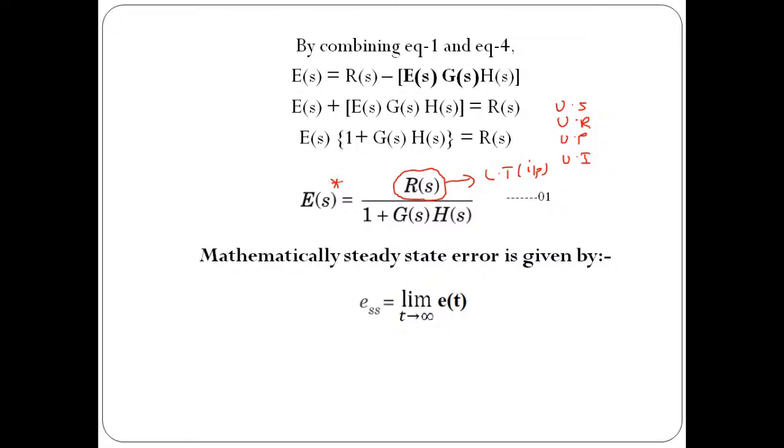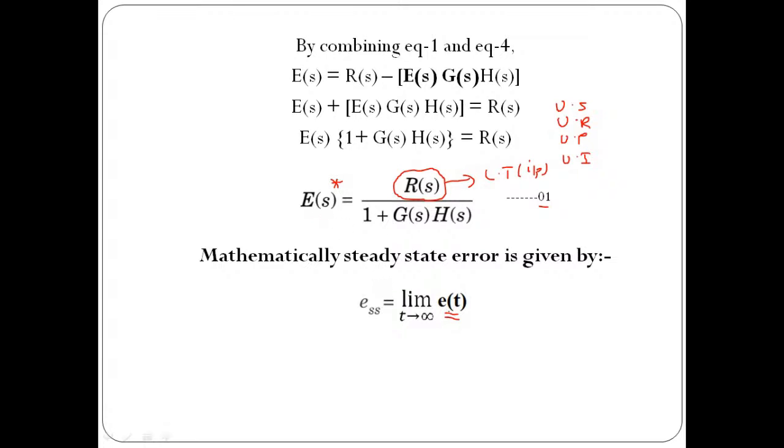Steady state error, indicated by the symbol ess, is given by the expression limit t tends to infinity e(t), where e(t) indicates the value of error signal in time domain, and equation number 1 indicates the value of error signal in frequency domain.